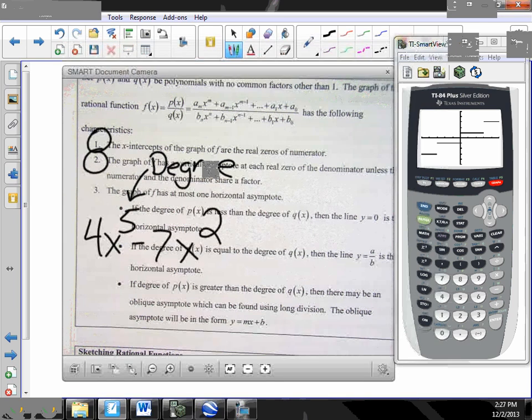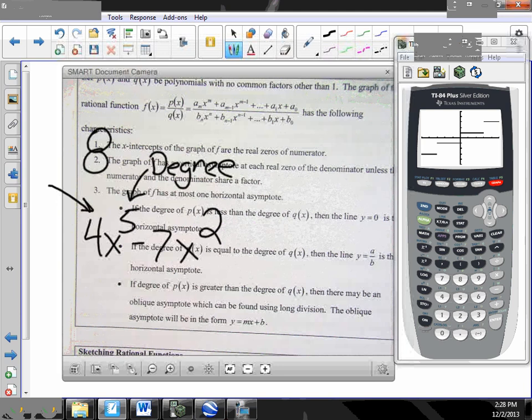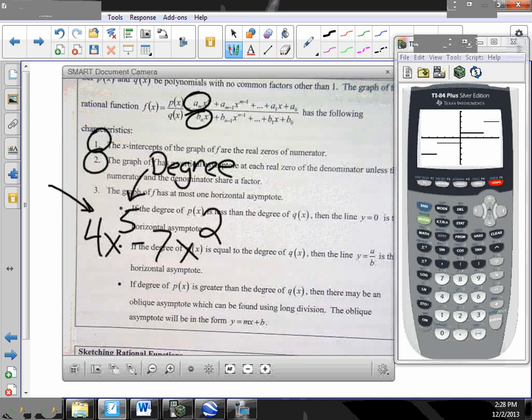The degree is the largest exponent. All right? What do we call this number? Coefficient. In fact, it's the leading coefficient, because it's the one in front of the largest exponent. Okay? So in the top function up here, the leading coefficient is a, and then the bottom, the leading coefficient is b. That'll be important.